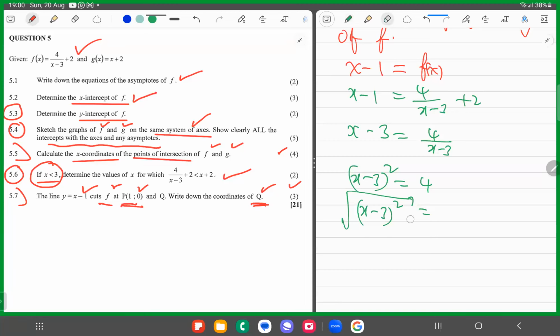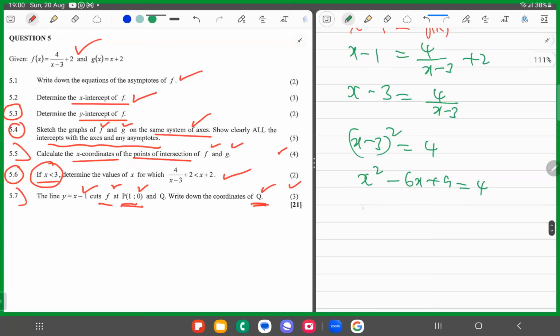Let me expand this: x squared minus 6x plus 9 equals 4, which means x squared minus 6x plus 5 equals 0, which means x minus 5, x minus 1, so x equals 5 or x equals 1.